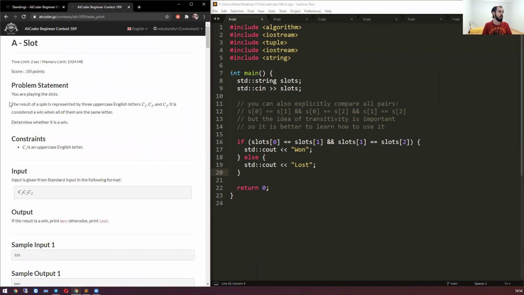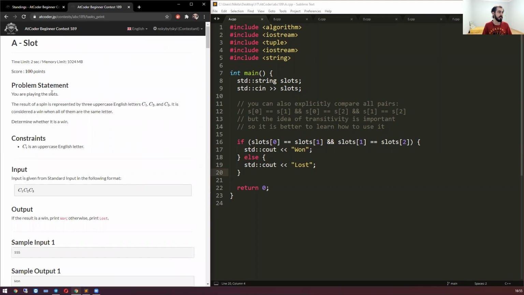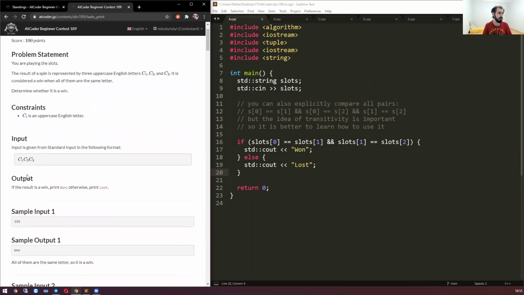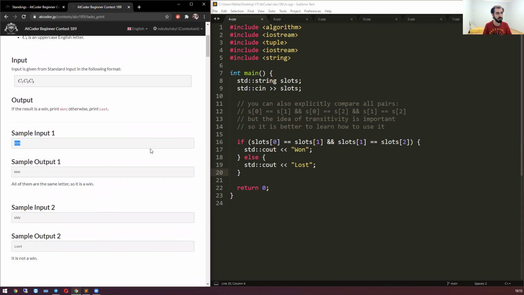So problem A was about you playing slots for whatever reason. I don't advise it, but I guess it can sometimes be fun if you expect your money to be gone. So we have 3 letters, and we want to check that all of them are the same. What I did during the contest was check that the first is equal to the second and the second is equal to the third.